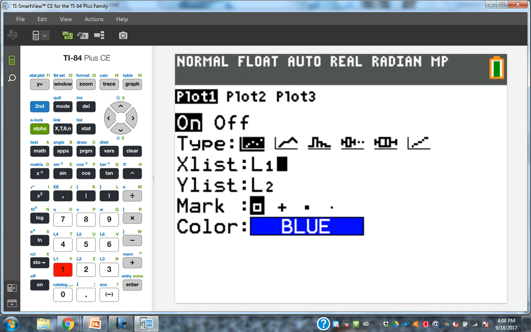When you go to a stats class, yeah, you might. There's a lot of different lists in there. Okay. And then Y list is going to be L2, should be the same. It does not matter which of these marks you pick. I always just leave it on the first one because it doesn't matter. If you'd rather see plus signs instead of boxes, then you pick the plus sign. It doesn't matter. All right. So once you've done that, hit graph.